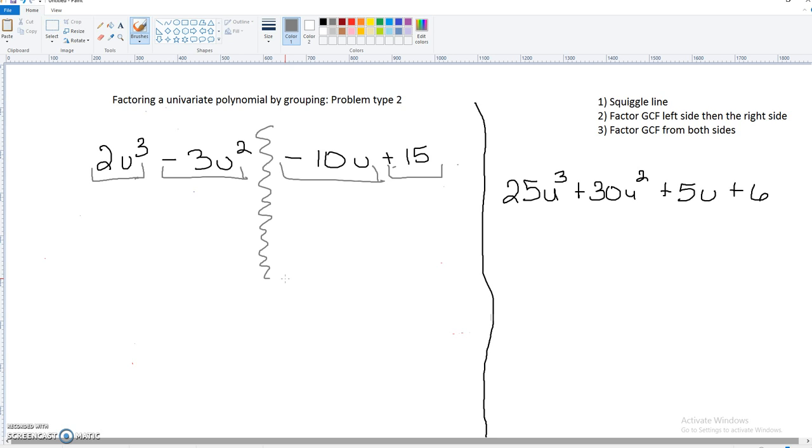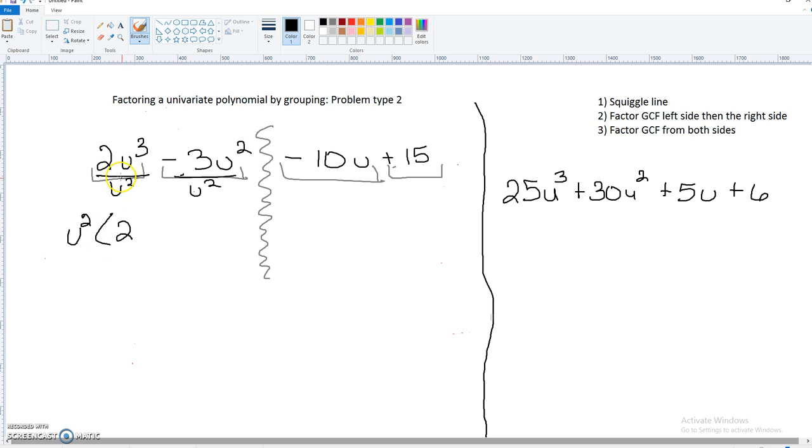So looking at the left side, we want to see, okay, what can we divide or factor out of the left side? Well, with the numbers 2 and -3, they don't have anything in common. But they both have a u. And the lowest exponent is 2. So that means we can divide u squared out of both.